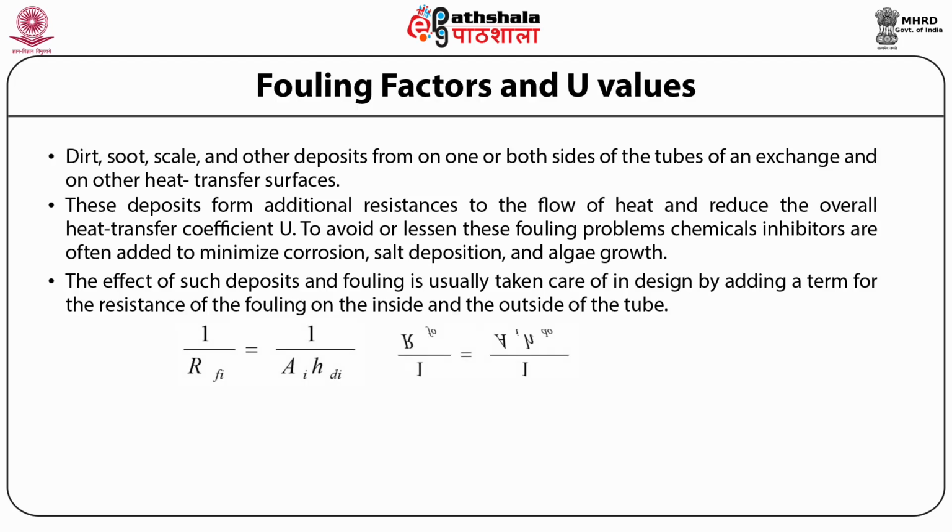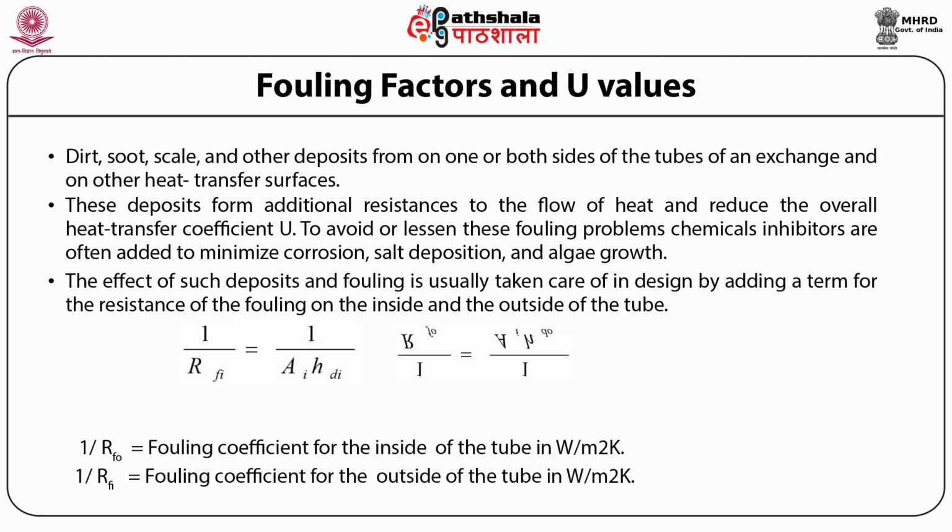Similarly, 1 by Rfo, the fouling coefficient for the outside of the tube, equals 1 by AO into HDO. That 1 by Rfo or 1 by Rfi is the fouling coefficient for inside and outside, represented in terms of watt per meter square Kelvin.